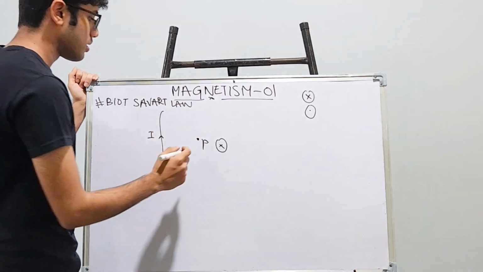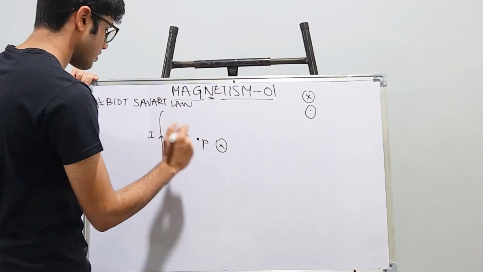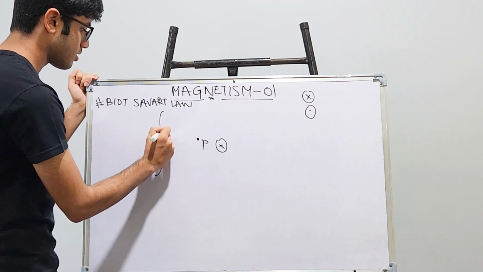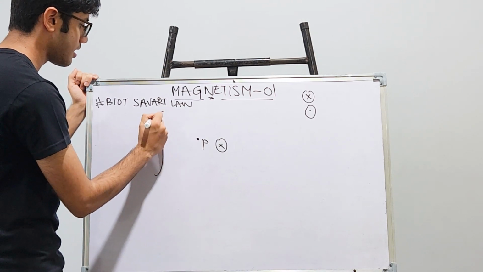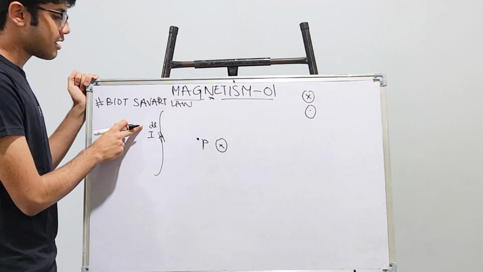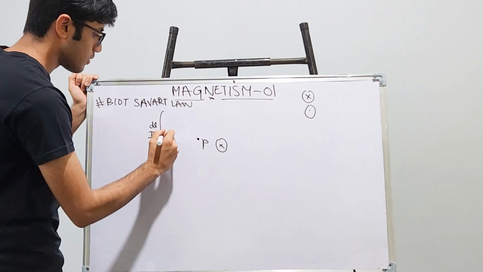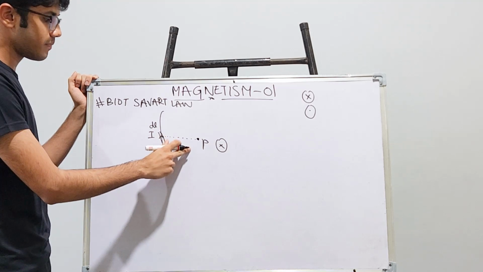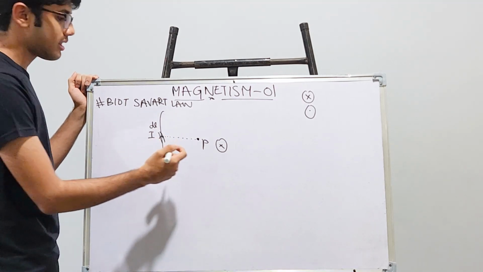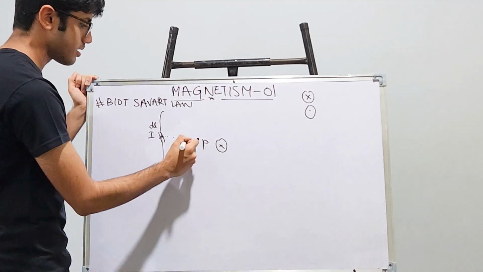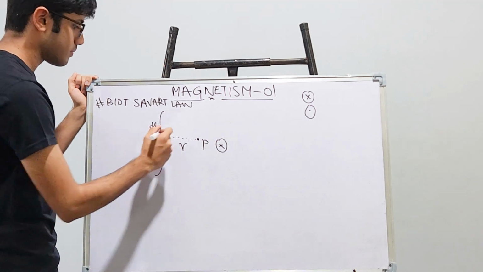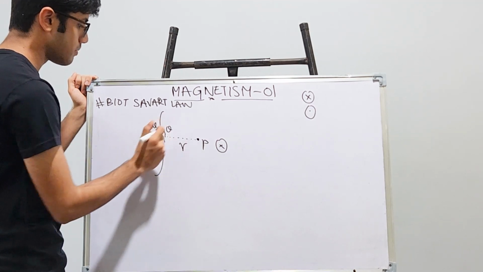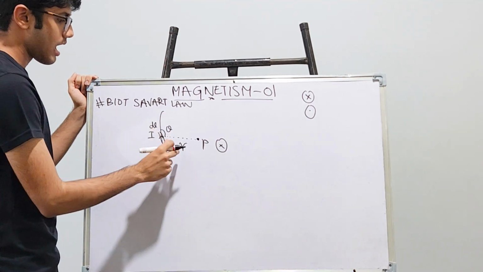Suppose we cut out an element dl. We call this element the current element, and we measure the distance to point P from this element. Let us call that distance the radius vector r, and this is the angle theta between the dl element and the radius.